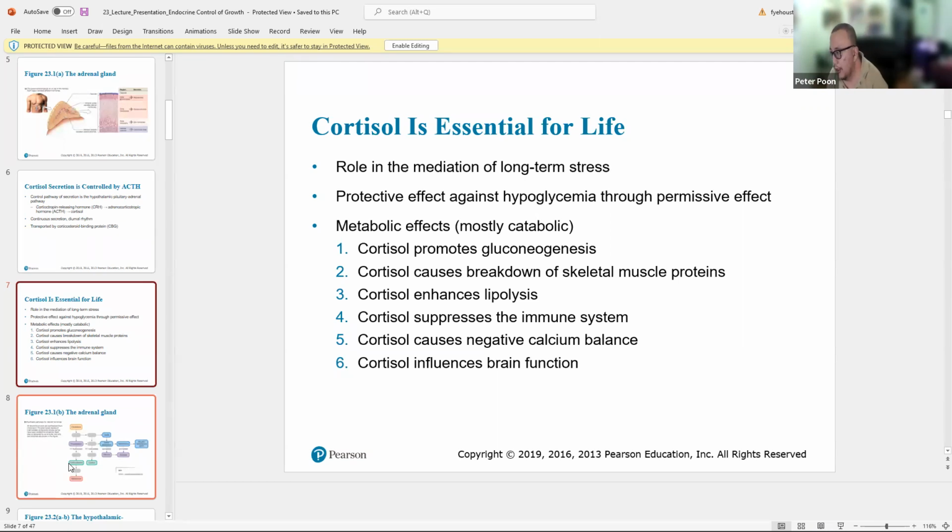So you get more gluconeogenesis, more sugar in your blood, therefore more repair. Breakdown of skeletal muscle proteins gives more amino acids in your blood, more repair. Lipolysis gives more energy. Suppressing the immune system sends more energy toward repair.